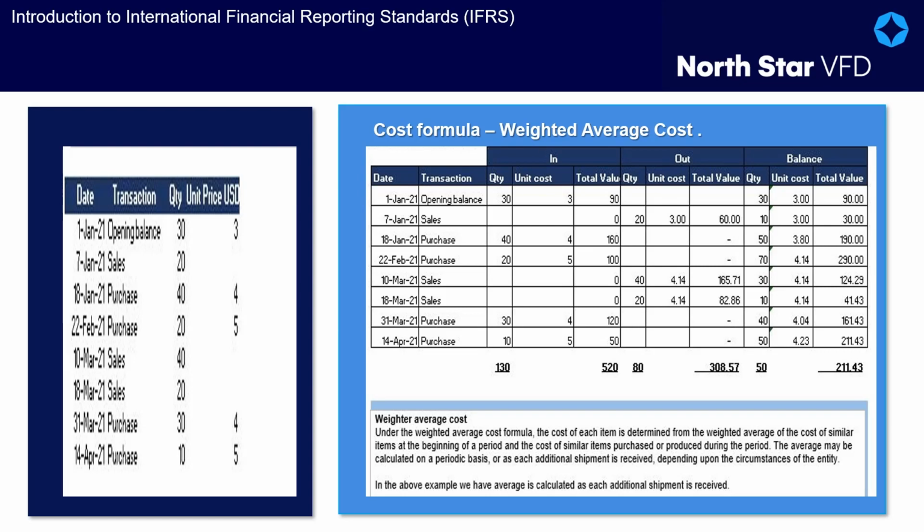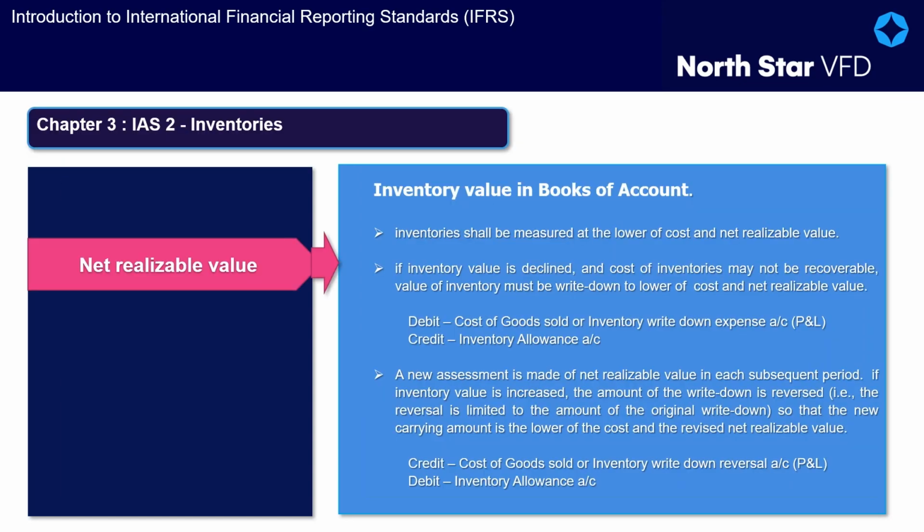The average unit cost then has to be revised with every receipt of inventory, or alternatively at the end of predetermined periods. Here in the illustration, the weighted average cost is computed with every receipt of inventory. You can see that at each purchase, the weighted average cost of the inventory item changes, and subsequently the cost of sale is computed based on the prevailing weighted average cost.